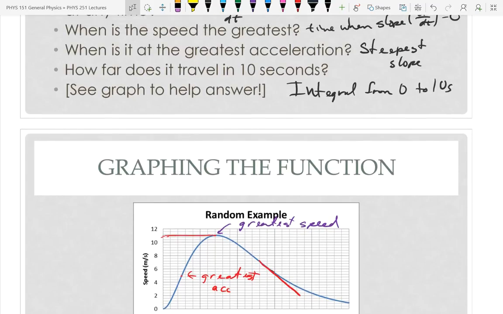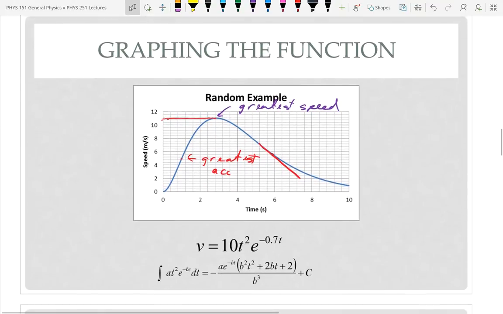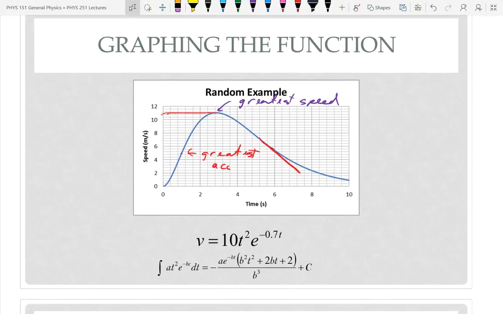And then finally, how far does it travel in 10 seconds? How do you find that? You take the integral from 0 to 10 seconds. But the integral means the area under the graph. So I'll give you an approximate value, and then we'll go ahead and calculate. Let's suppose that I make a straight line stick figure here.